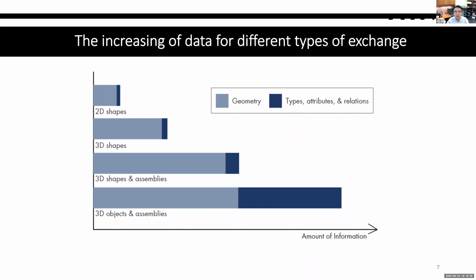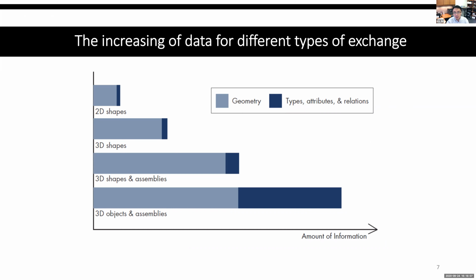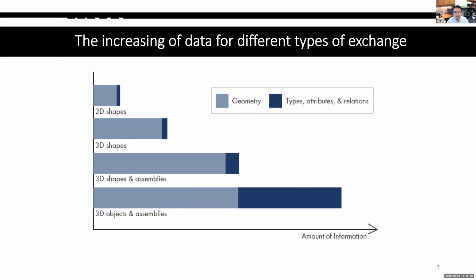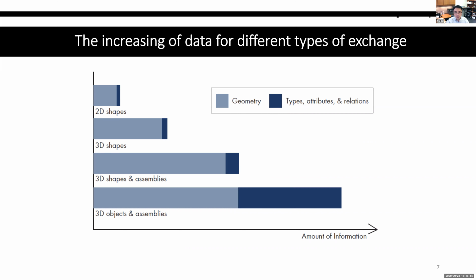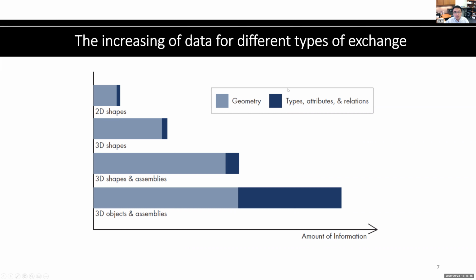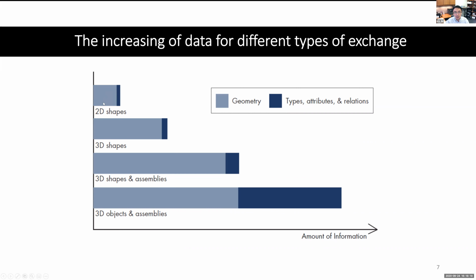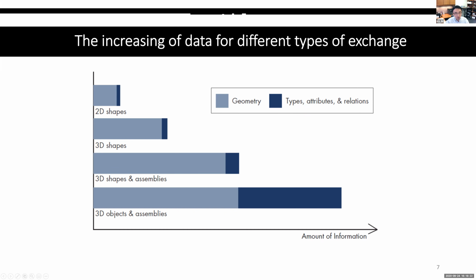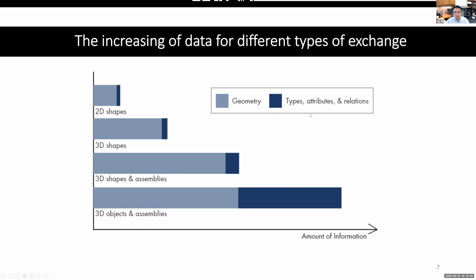And this is actually a visualization of how BIM is different from the previous digital solutions. Just imagine the lighter color here as the geometry information in a design model, and the darker color shows the other information such as the types, attributes, and relations.